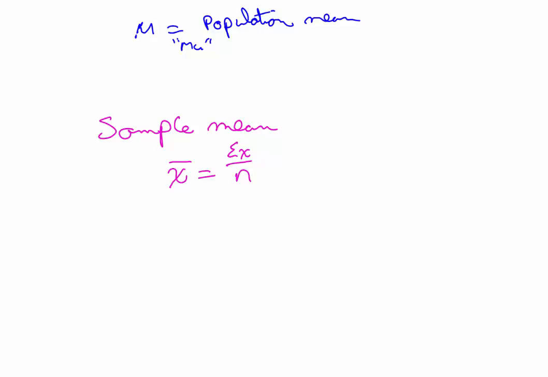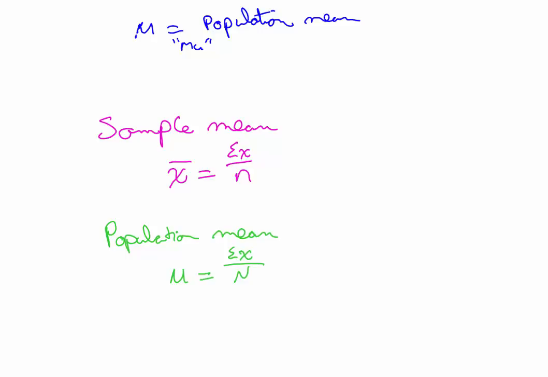We, on the other hand, also use the population mean. That is referred to as mu equals the sum of our x's divided by a capital N, or the population size. Most of the time we will be calculating sample means because most of the time we do not have an entire population.